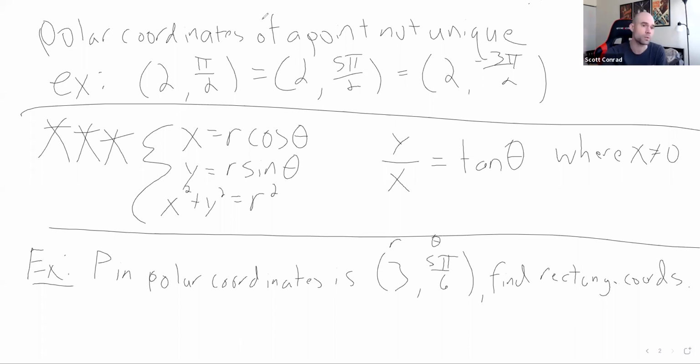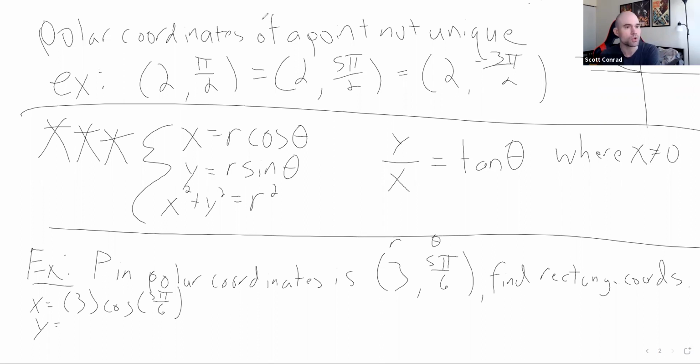We want to find x and y for our point. Well, we use the relationship x is r cos theta. So r is 3, theta is 5 pi over 6, and so 5 pi over 6 is this guy here.